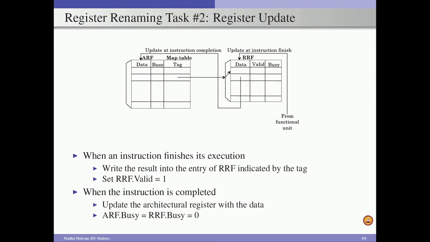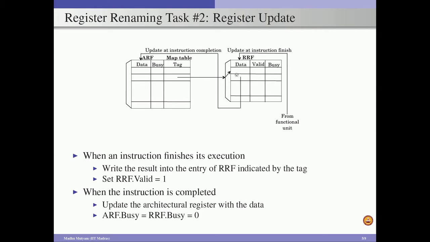When we say an instruction completes its execution, that means it is processed through the commit stage or complete stage. So, during that time we have to write the computed value to the architectural register, and after that we reset the busy bit, so that the connection between ARF and RRF for this architectural register is disconnected.